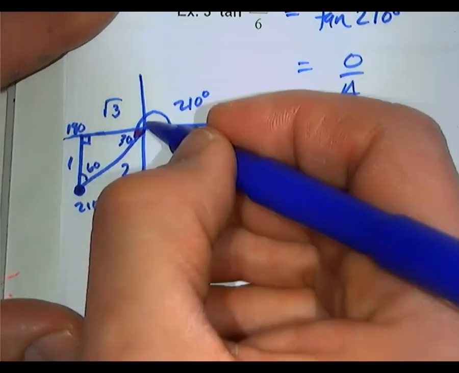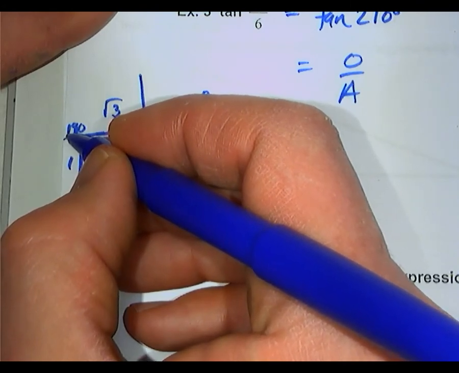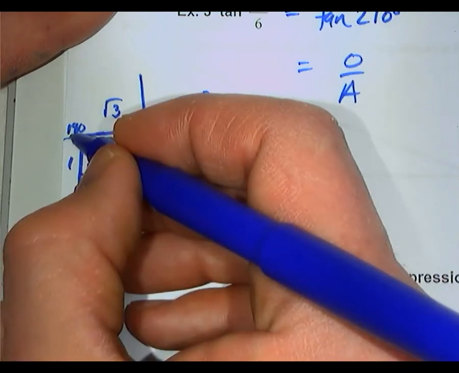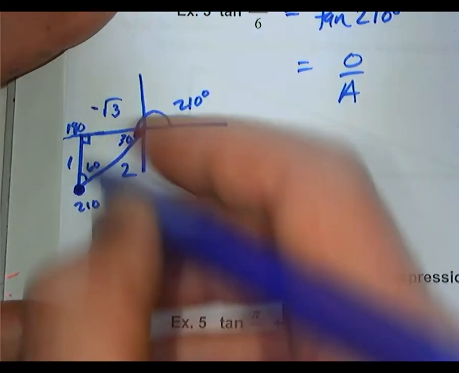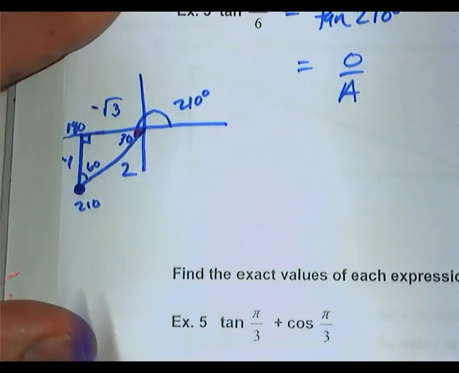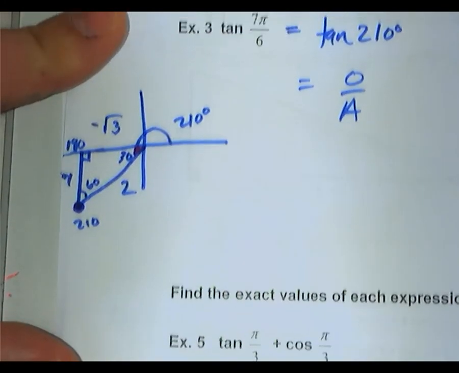If you go left, what does that mean? What type of numbers are to the left on the x-axis? Negative, so this guy's going to be a negative. And if I go down, that's also a negative value. So that's a negative 1 there.